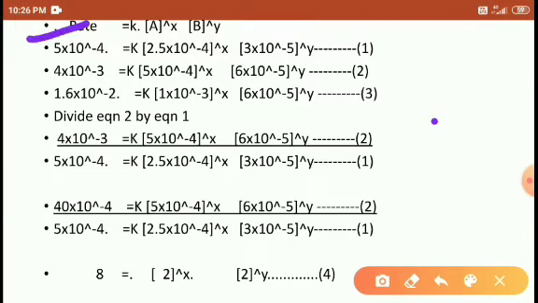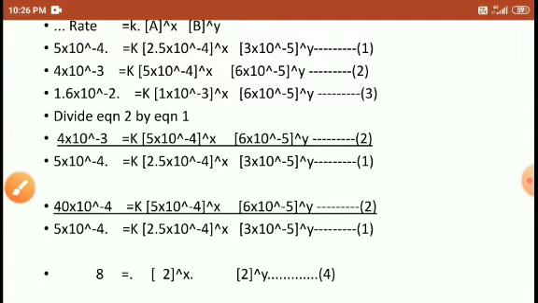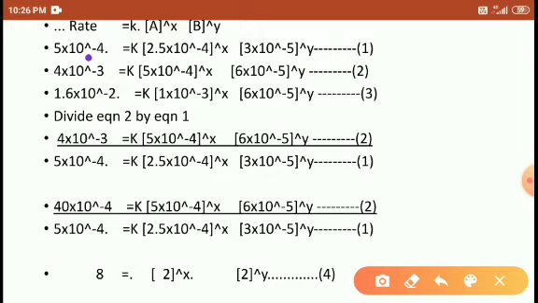So the rate is equal to the rate constant k, concentration of A to the power x, concentration of B to the power y. The rate is 5 into 10 to the power of minus 4, the concentration of A is 2.5 into 10 to the power of minus 4, and B is 3 into 10 to the power of minus 5, to the power y.